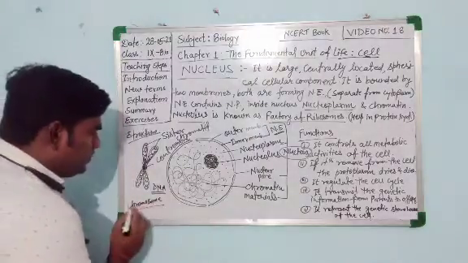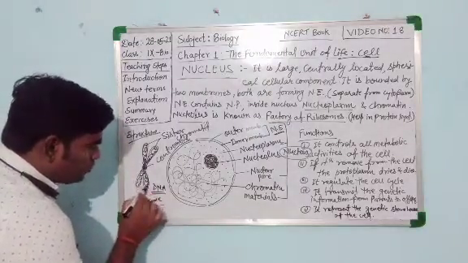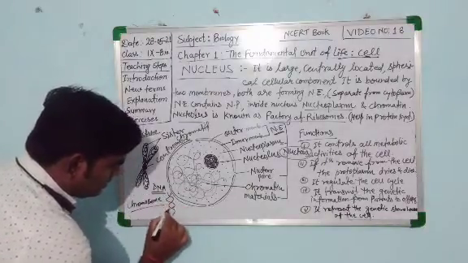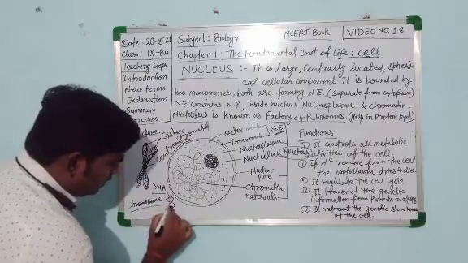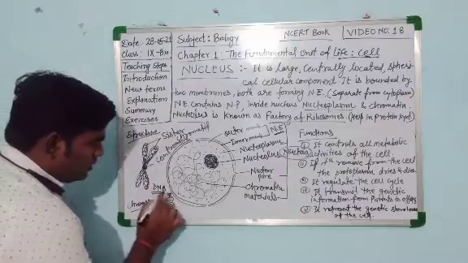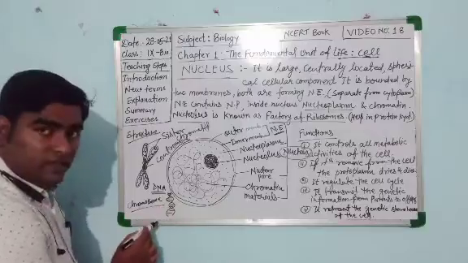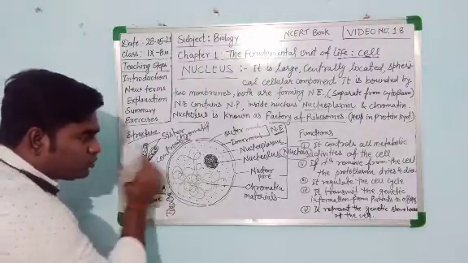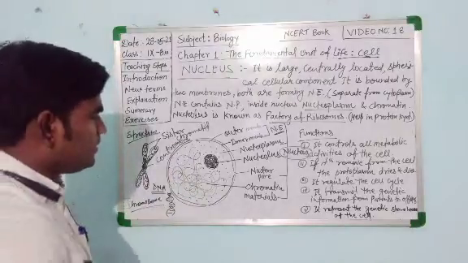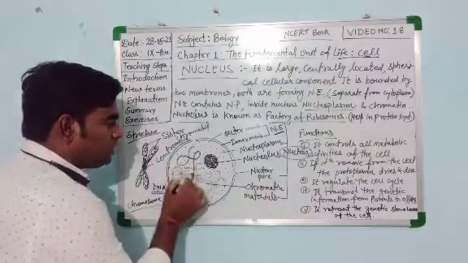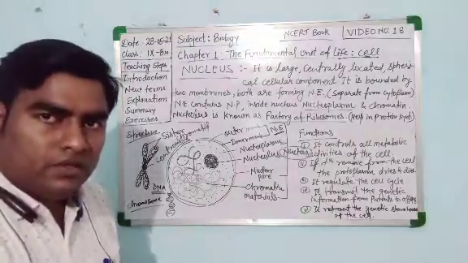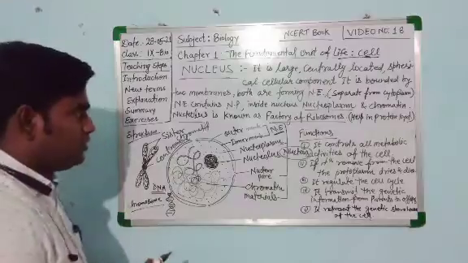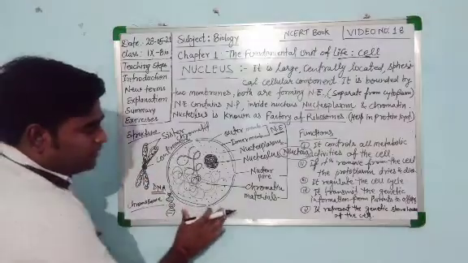If we open the thread of this chromosome, we can get the DNA like this. DNA is not always found in this state. It is contained in the form of chromosome, and chromosome is further contained in the form of thread-like structure or chromatin material. When required, it forms the chromosomal structure. So this is the chromosome and this is the structure of nucleus.